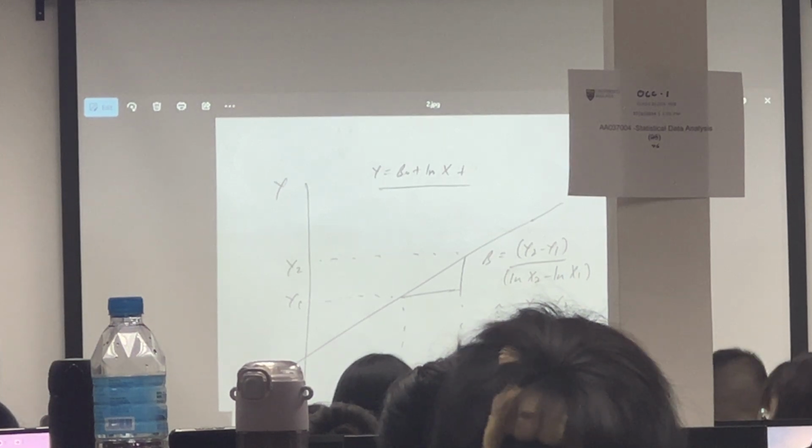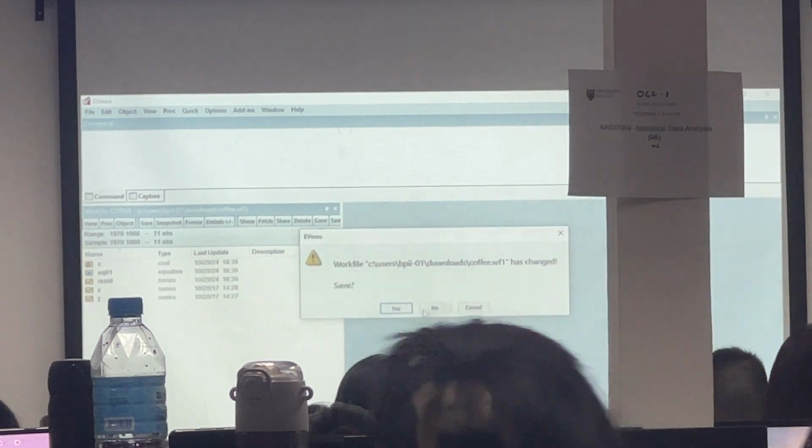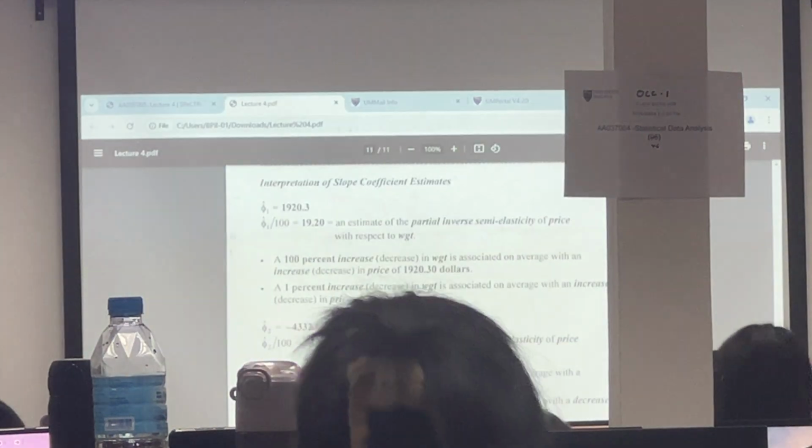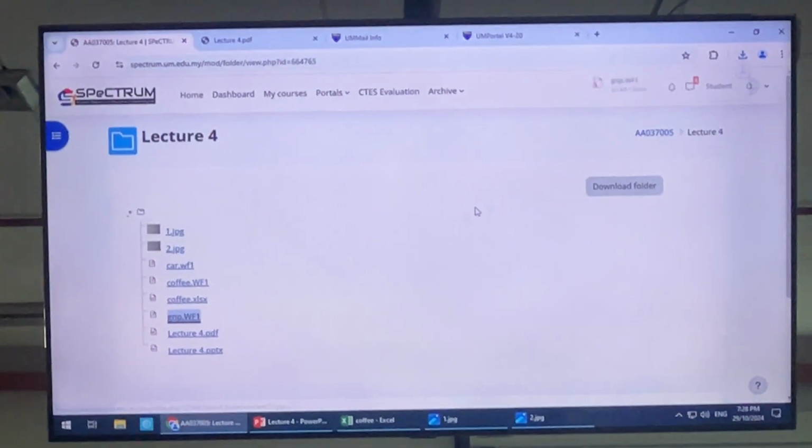So for a different example, now we have an estimate. You open the data. It is GNP.